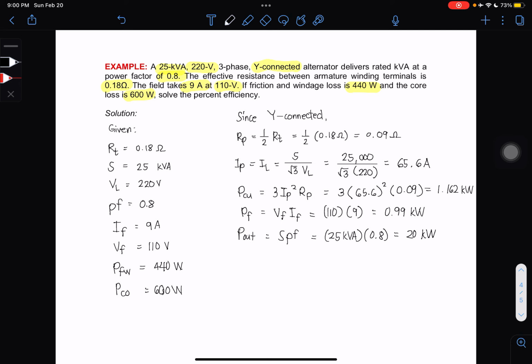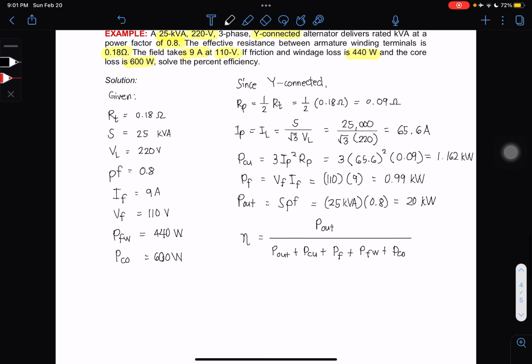So to solve for our efficiency, the formula is P out divided by the sum of our losses, so P out plus copper loss plus our field loss plus our friction and windage loss plus lastly we have our core loss.